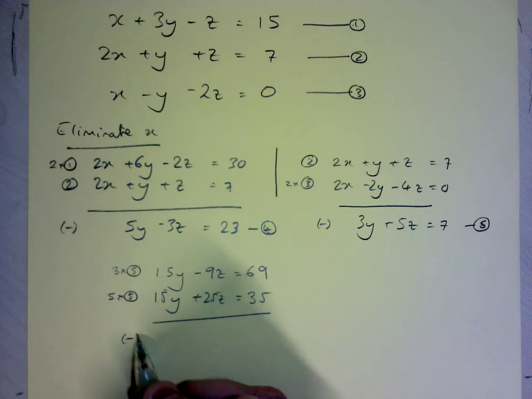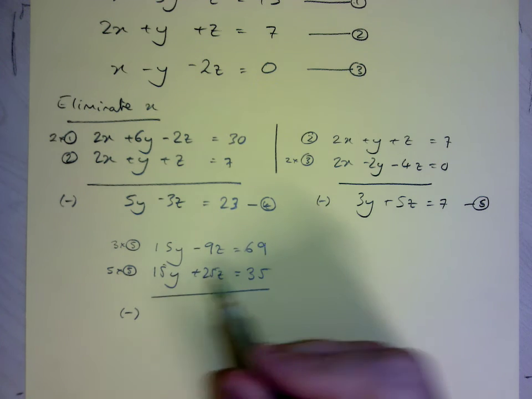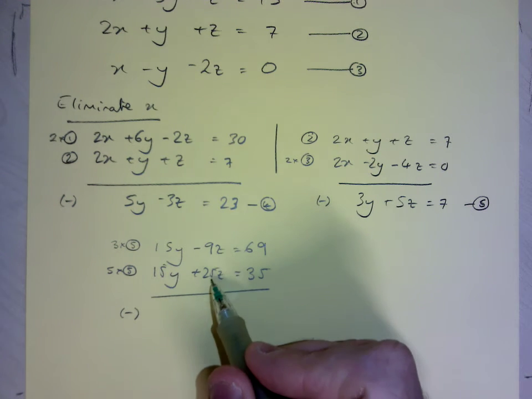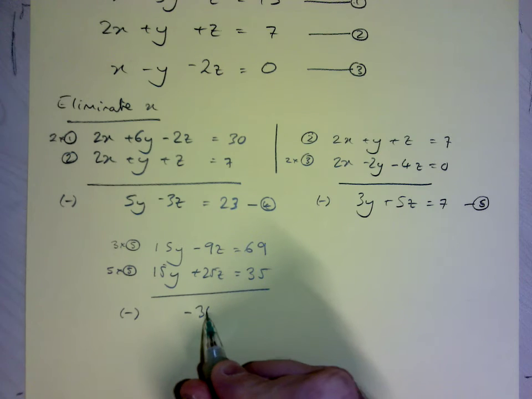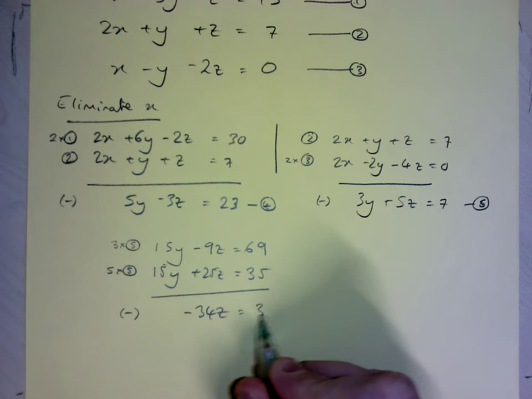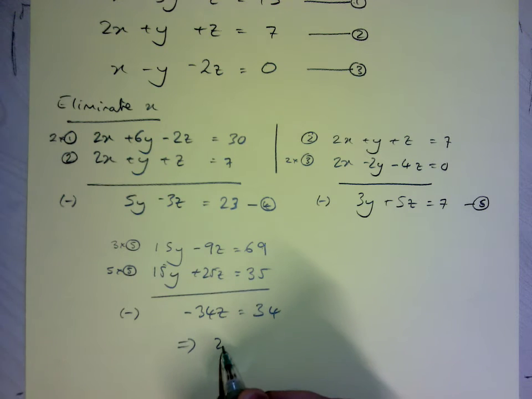Again, I can see if I subtract these, I'm going to eliminate the y. So I've got here minus 9 minus 25 is minus 34z. 69 minus 35 is 34. That tells me that z is minus 1.